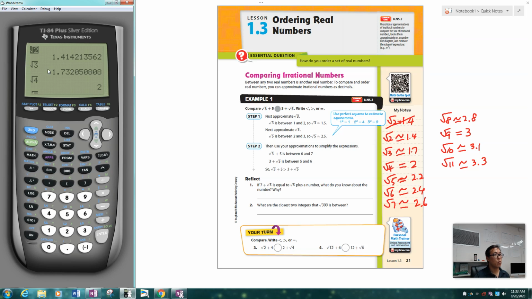Square root of 2, 1.4, square root of 3, 1.7, square root of 4 is 2, square root of 5 is 2.2-ish, square root of 6, 2.4, square root of 7, 2.6, square root of 8, 2.8, square root of 9 is 3, square root of 10 is approximately 3.1, square root of 11 is approximately 3.3. So these are very important numbers.